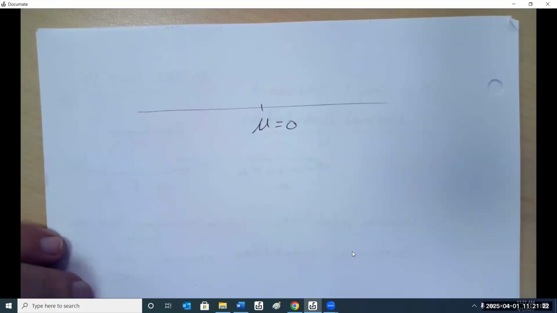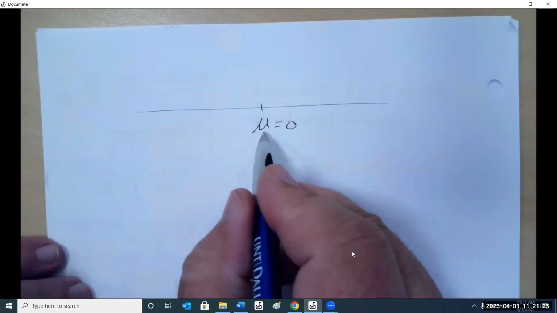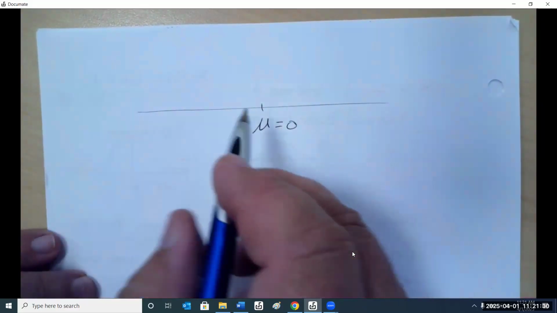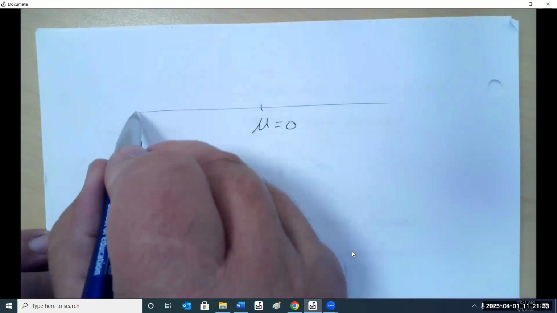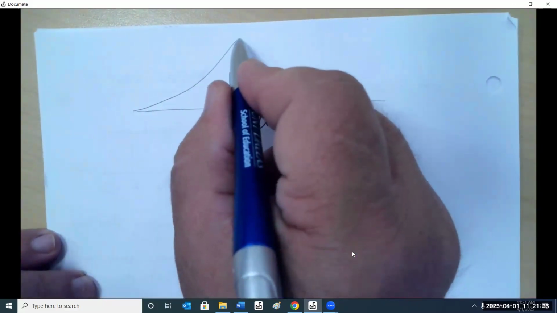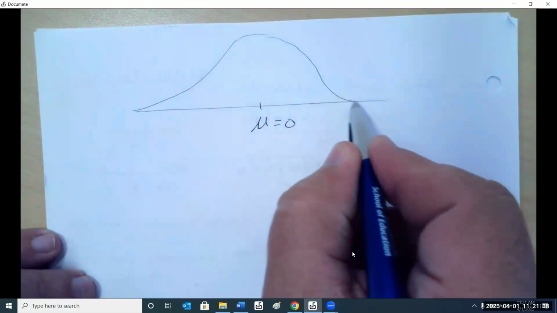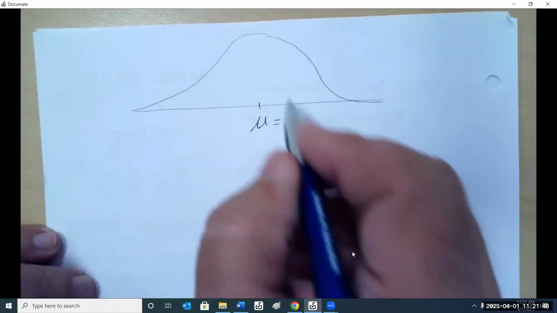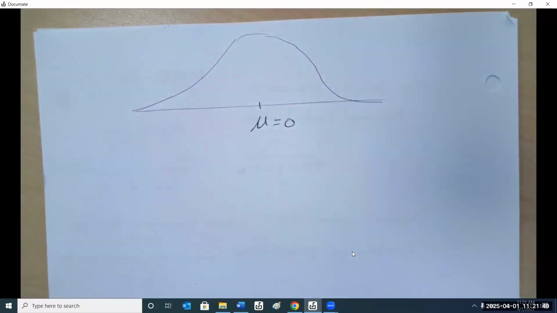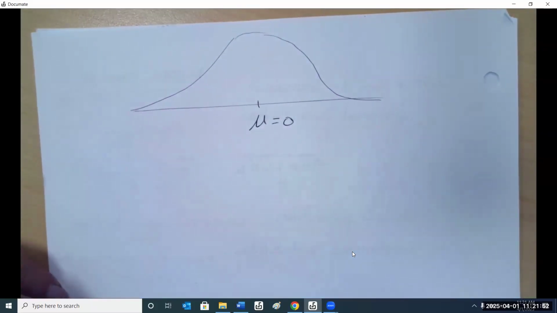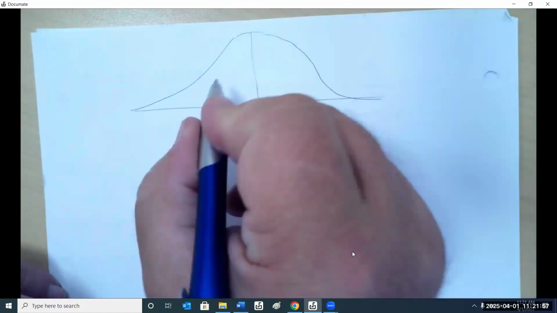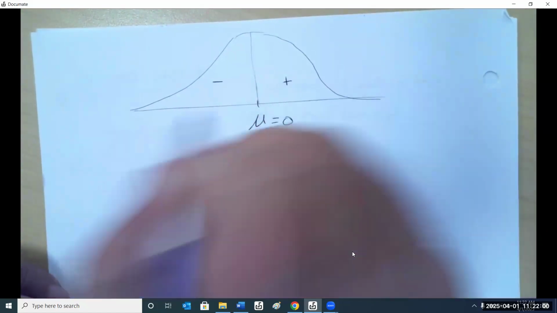The mean is the average. So the average of all of this is 0, which means that both halves of the data curve have to be equal. The amount of data on the left side must equal the amount of data on the right-hand side. Since the mean is 0, we have negative numbers here and positive numbers here.